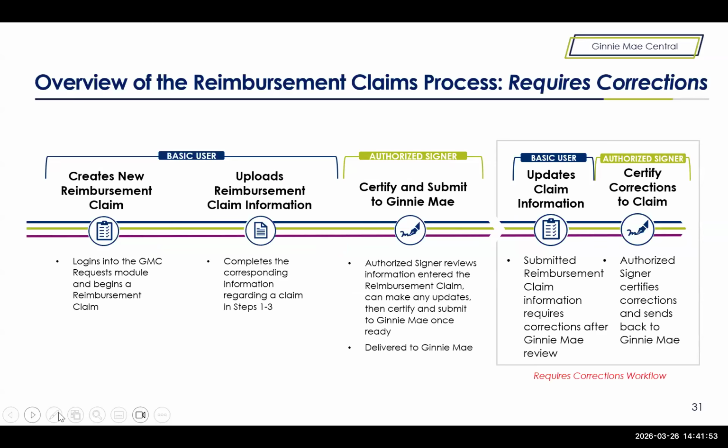This is similar to the old process, the email back and forth. This will all be done in the system to update that information. You'll get a note from Ginnie Mae regarding the input field that might need to be corrected, and then you will be able to go back through the same exact form as we'll see today, and just resubmit it back to Ginnie Mae.